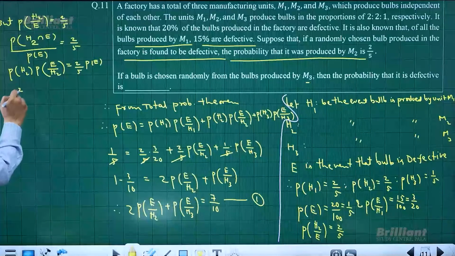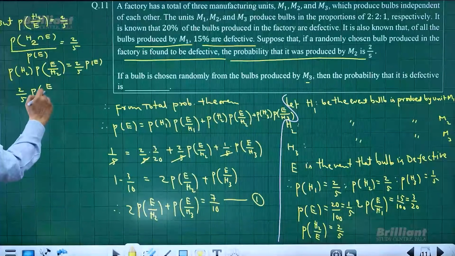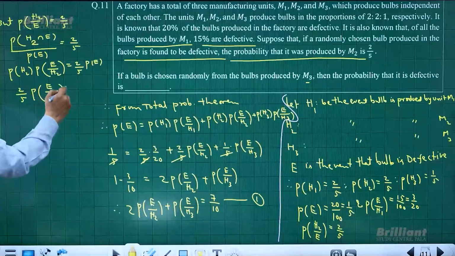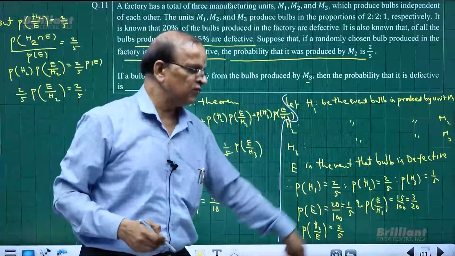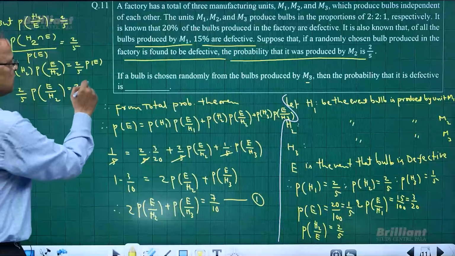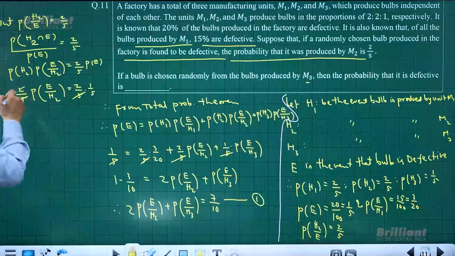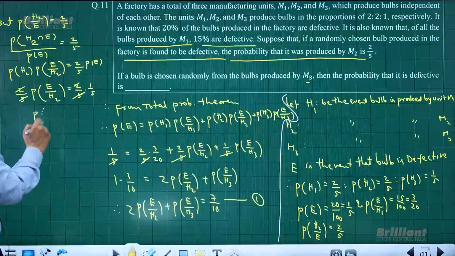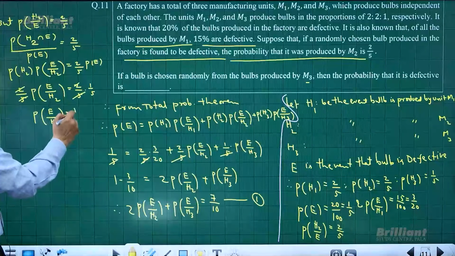And P of H2 is 2 by 5. P of E by H2 we don't know. And 2 by 5 into P of E, 1 by 5, we can substitute here. So 1 by 5 cancel, 2 cancel. So P of E by H2 is 1 by 5.